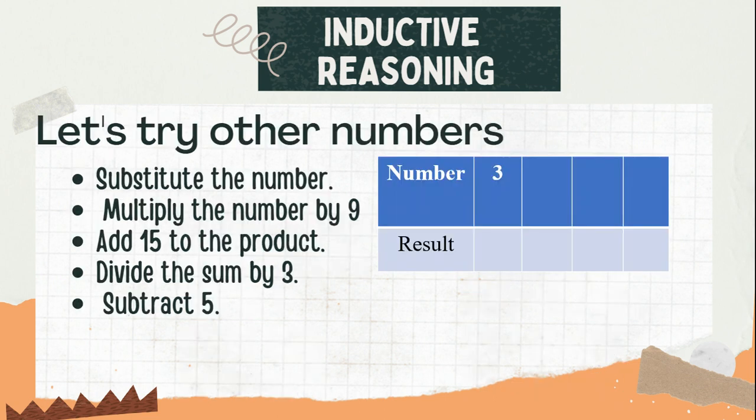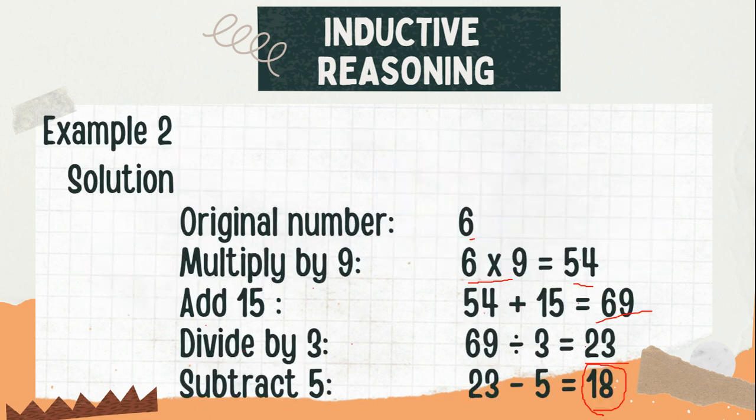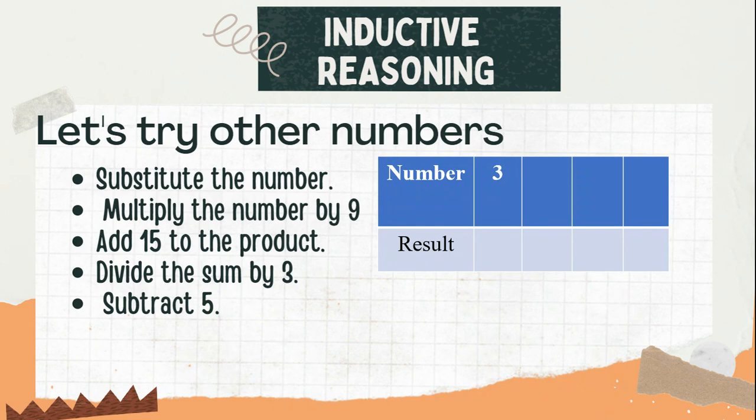So example we have here. So for me, if the number is 3, the answer is 9. And if the number, for example, I have here 11, the result is 33.